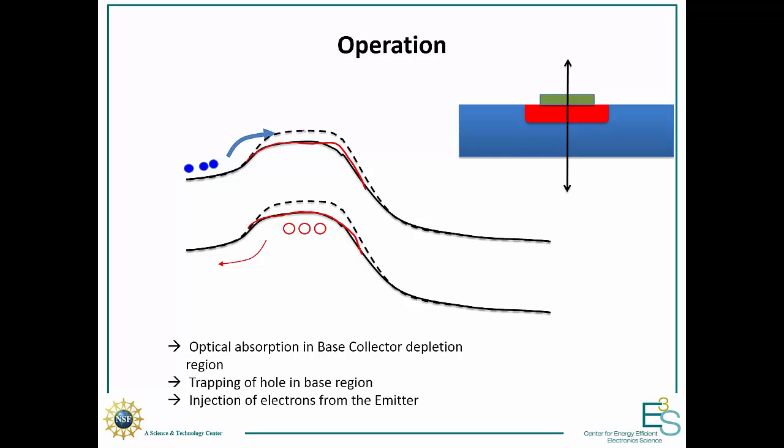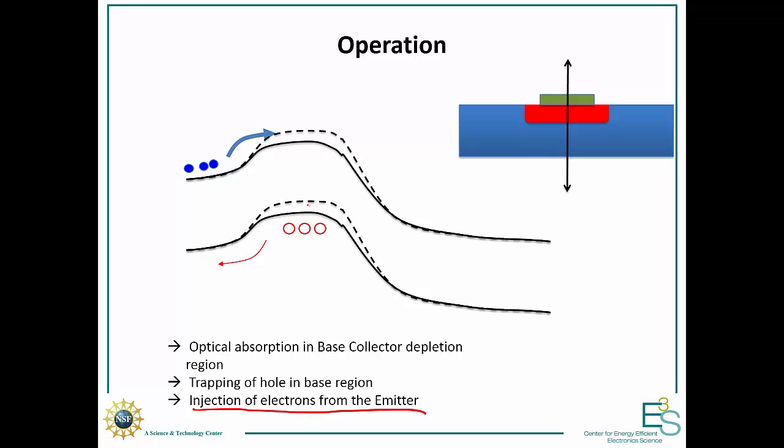That's going to allow a lowering of the barrier for these electrons that are in the emitter, because your emitter is N-type, to go through the base and down to the collector. So that's the next step. You get injection of electrons from the emitter into the collector.